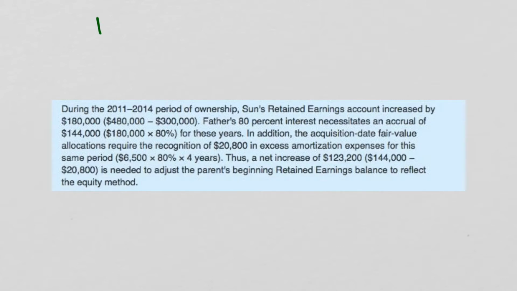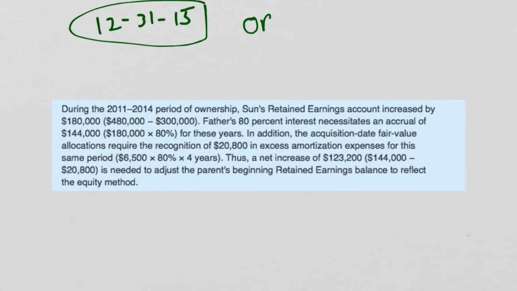We are attempting to do the year end for 12/31/15, and since we're going to be doing the activity for that year, we really are concerned about the opening balances. That's the A entry, as well as other entries, are mostly concerned about the opening balances.